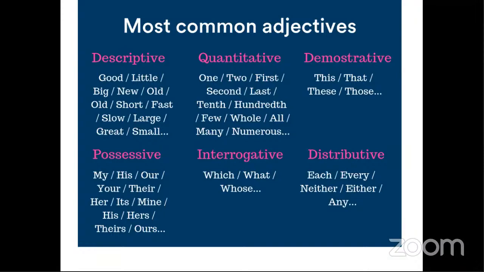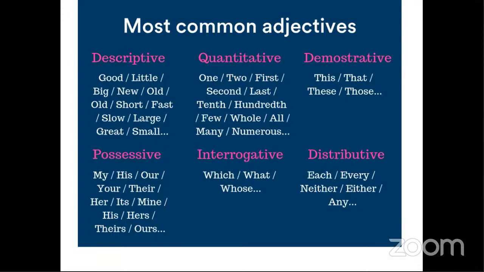Mine, his, our, your, their, her, its, hers, theirs, ours. These are all possessive adjectives. Interrogative: which, what, and whose. And which are some of the distributive adjectives? Words like each, every, neither, either, any. These are all distributive adjectives.